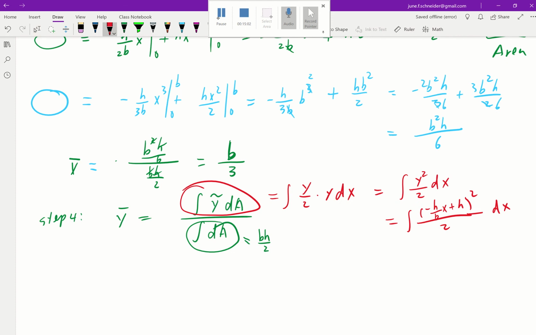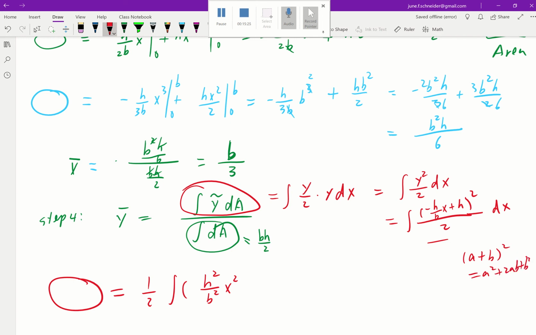So, taking the half out as a constant, inside the first term will be h squared over b squared x squared, because here's a little quick math: a plus b squared is a squared plus 2ab plus b squared, right? So that's what we're doing here. It's going to be minus 2h squared over b x, then plus h squared, then dx.